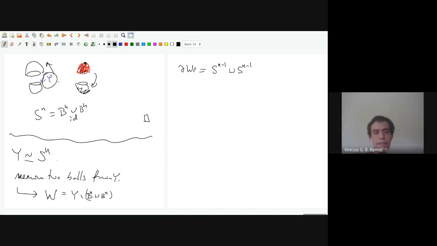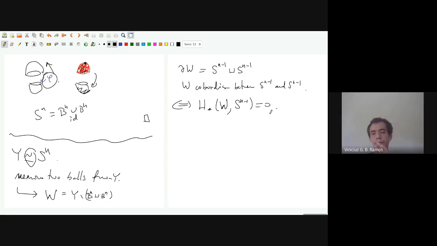And so we can think of this W as a cobordism between S^(n-1) and S^(n-1). And this condition, this homotopy equivalence, is equivalent to saying that the homology of W with respect to either one of these S^(n-1)s is 0.